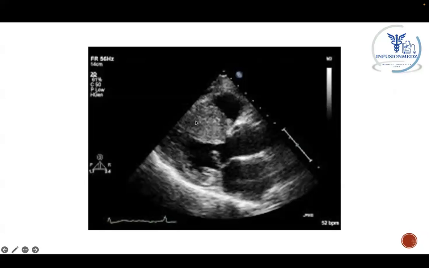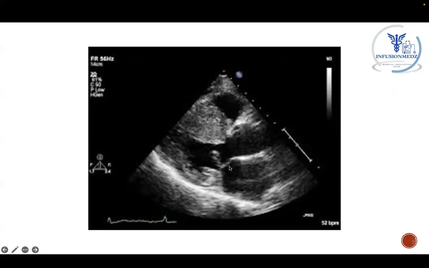Suppose the atria wants to empty into the ventricle. The ventricle should be very compliant and able to take the blood. But if it is not compliant due to hypertension, when the atria tries to empty into the ventricle, the ventricle is not stretching at all. That means it is not relaxing properly.